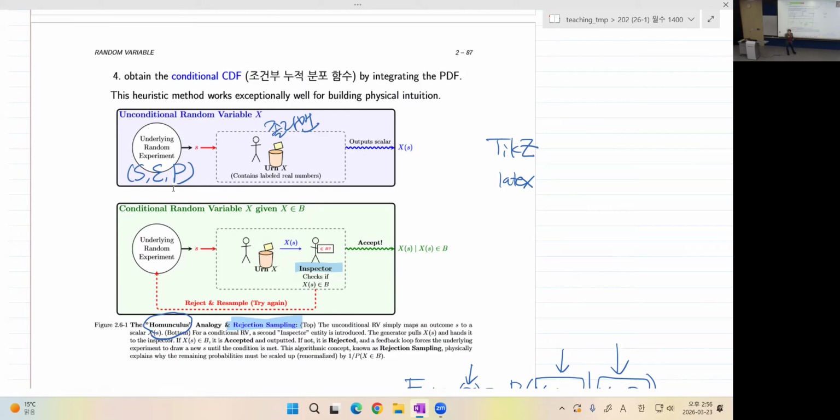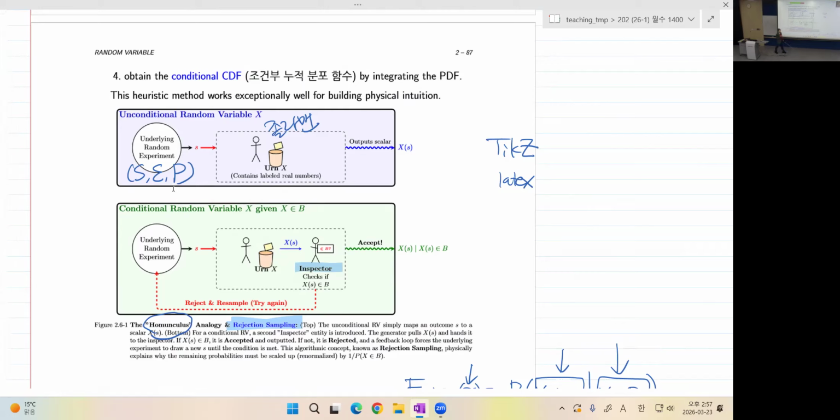So you may assume that there is 졸라맨 here. It reads what is S and finds some real number labeled by S. So suppose S equals 5. And this 졸라맨 finds a real number that is associated with S equals 5 and gives it as an output, right? That is random variable.